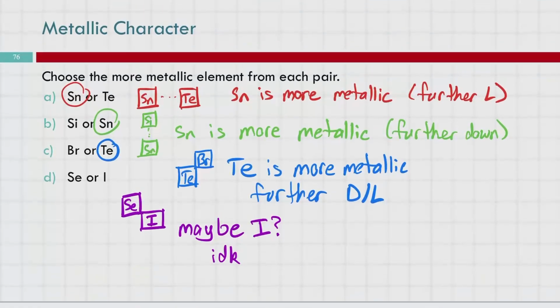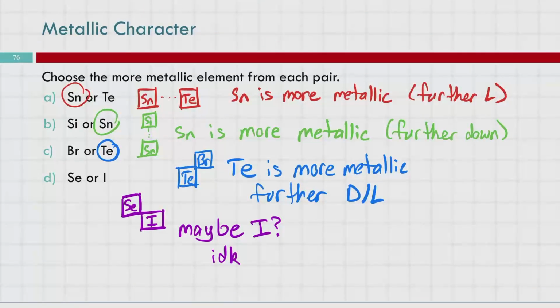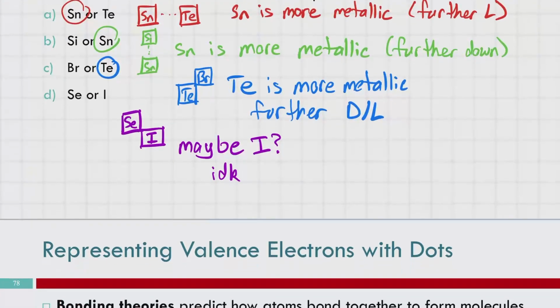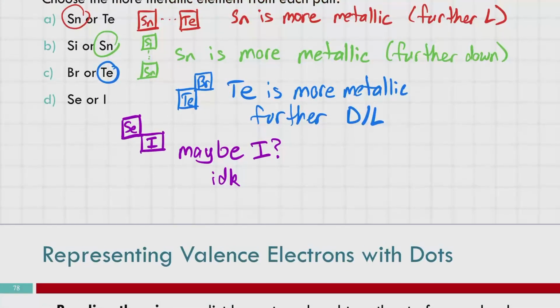Any questions about our trends? Okay, so our trends, just to recap before we get into representing valence electrons with dots. We've got atomic size and metallic character.